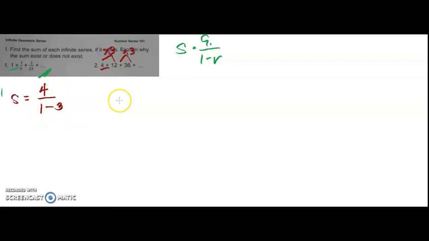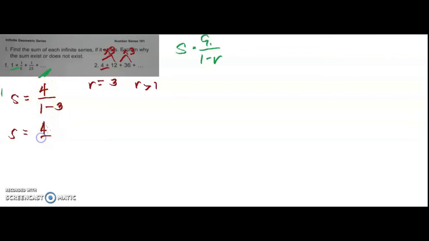Okay. So, let's try to evaluate this one. As you can see, r is 3 and this is greater than 1. So, the absolute value of r is greater than 1. So, we cannot say that the sum exists because the common ratio is greater than 1. Let's try to see.